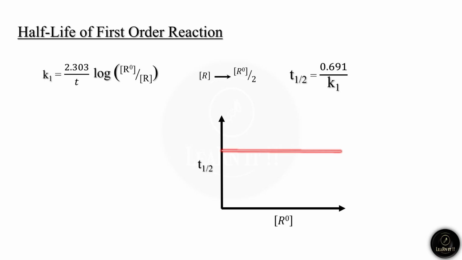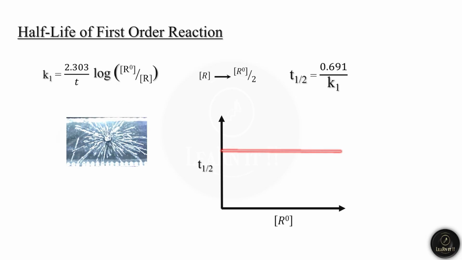We have seen this example in nuclear chemistry. There we have come across one concept, that is half-life period of radioactive substance. For example, uranium-235 has a half-life period of 703 million years. No matter the initial amount of the substance taken, uranium-235 always has a half-life period of 703 million years.